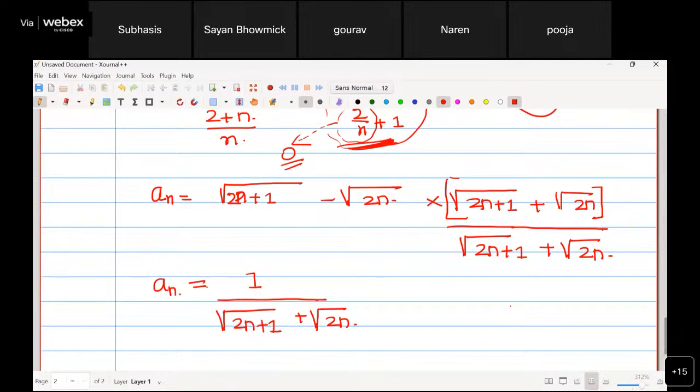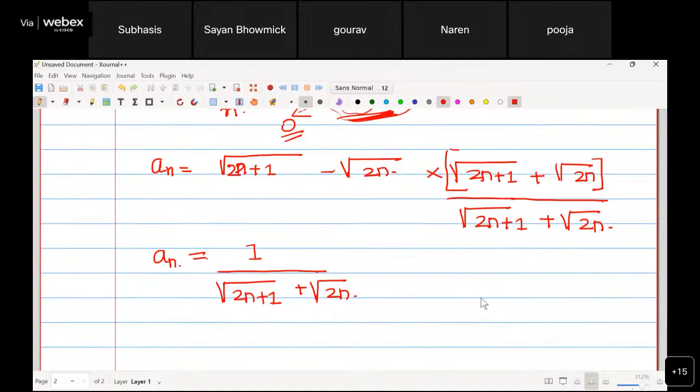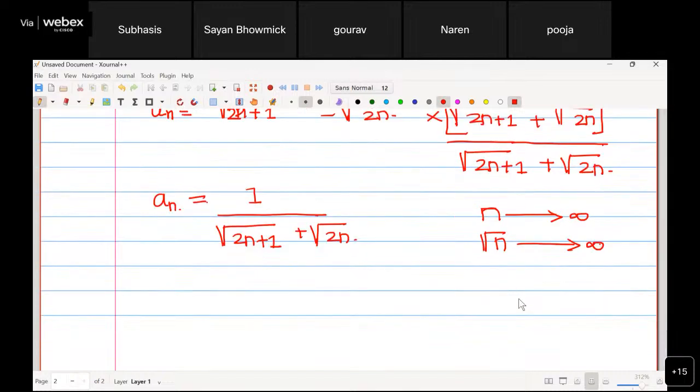So again, what is the limit of this sequence? 0, right? Because if I increase the value of n towards infinity, then certainly square root of n will also go towards infinity. And if square root of n is becoming larger and larger, then 1 by square root of n will come closer and closer to 0.